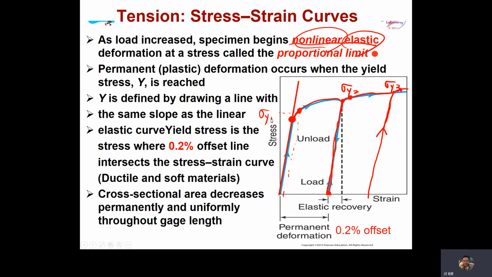Well, it's called the dislocation, right? As we keep loading and unloading, we keep changing its dimension. That means the dislocation density increased inside, right? We have a higher number of dislocations. That means the material is strengthened. Of course, it will become more brittle.